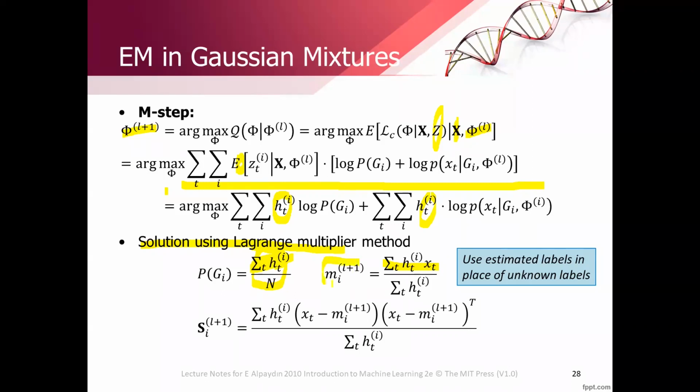So these are the centroids, these are the priors, and what is this? Just guess. Please don't read the formula and guess. This is the estimate for the covariance matrix. So for each cluster, we need a covariance matrix, and this is the estimate for the covariance matrix.